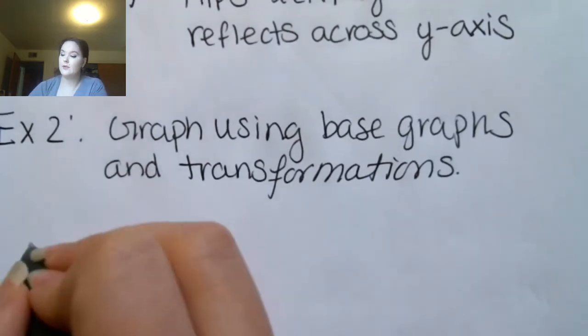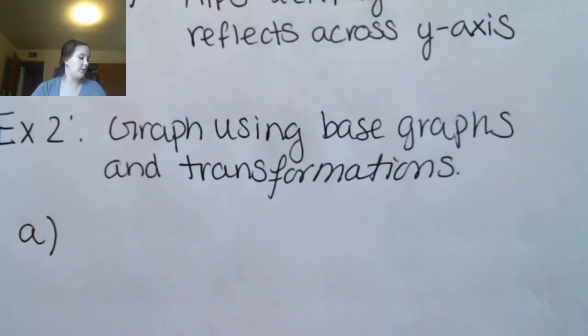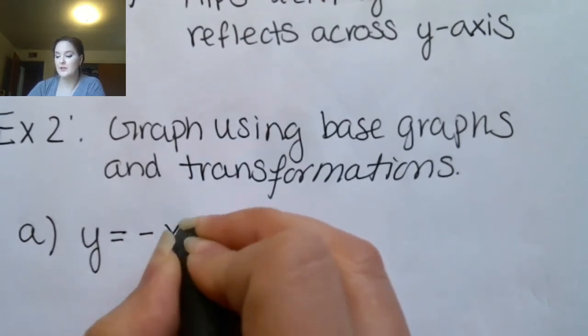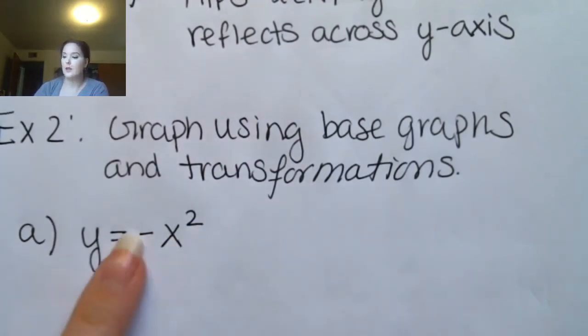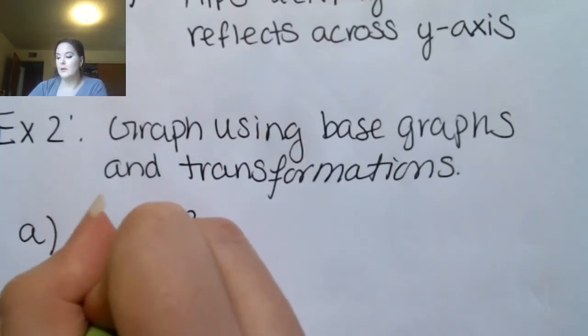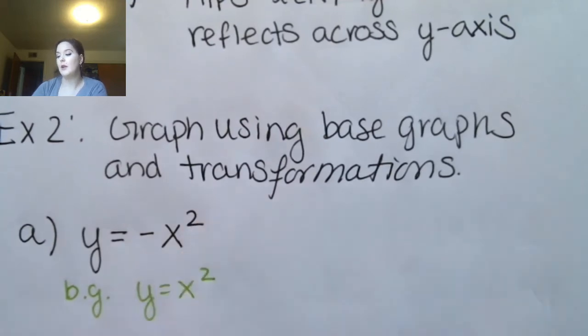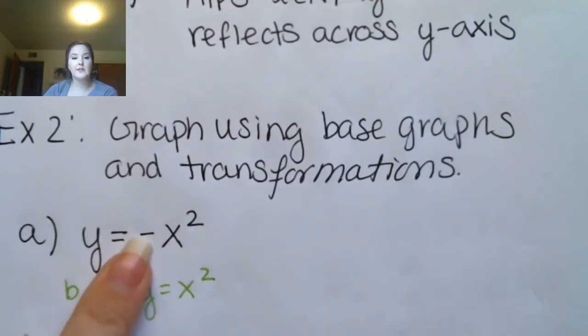So the first one we're going to do, we will use the x squared graph, because we're familiar with graphing those using transformations. So like I just said, our base graph is going to be y equals x squared. And this minus sign is outside of the square.